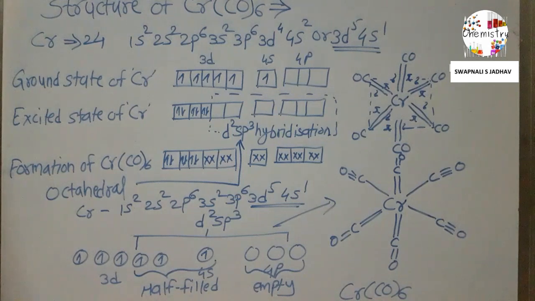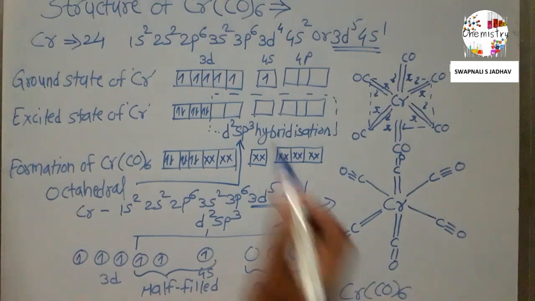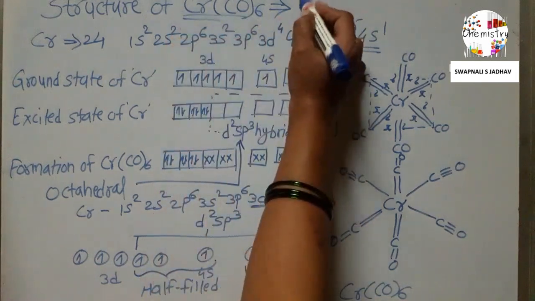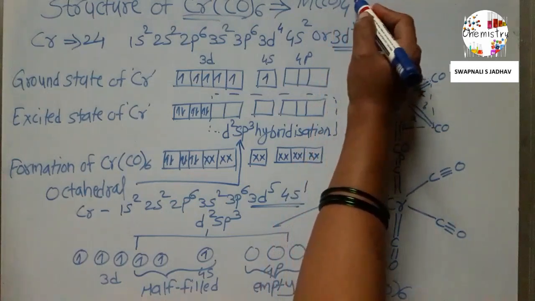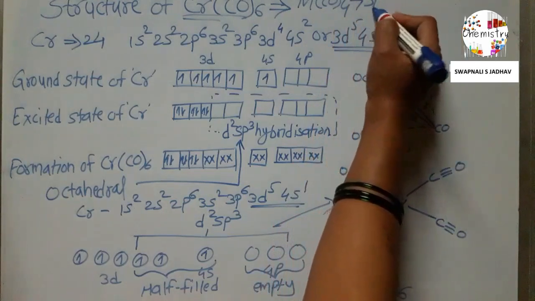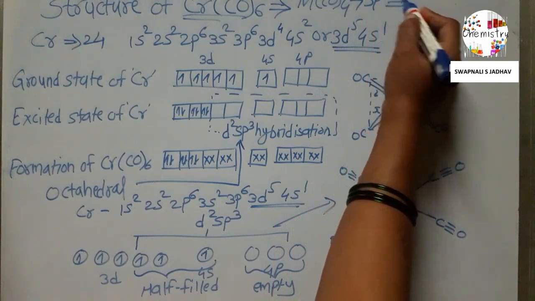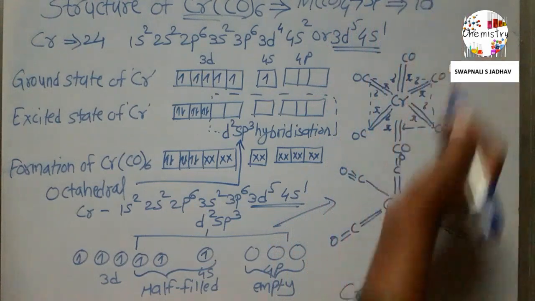From that we saw the structures of Ni(CO)4, Fe(CO)5 and Cr(CO)6. Ni(CO)4 undergoes which hybridization? sp3 hybridization, with tetrahedral structure.